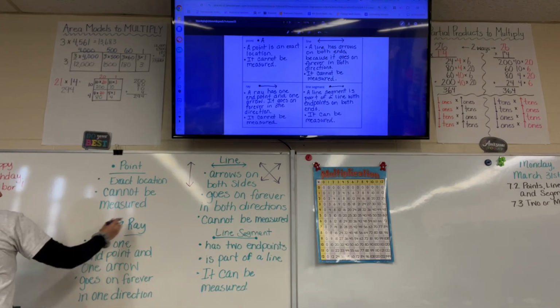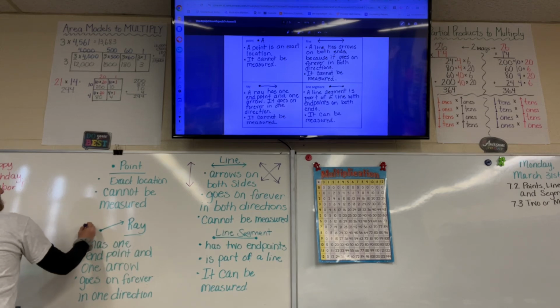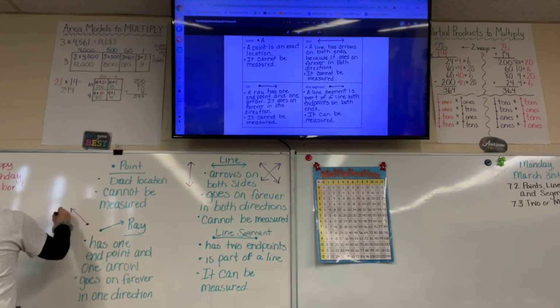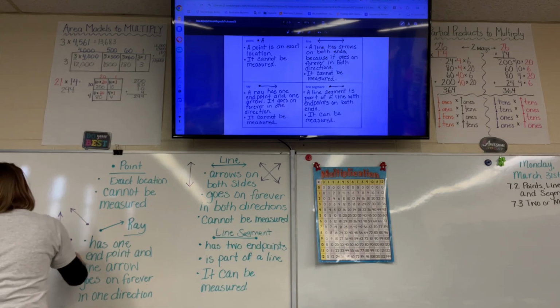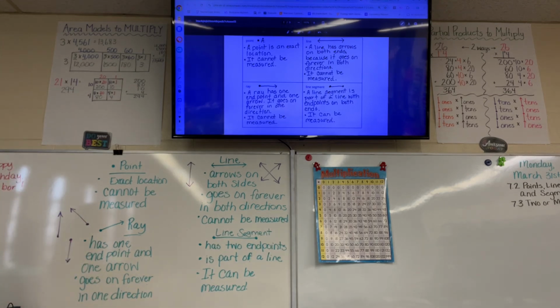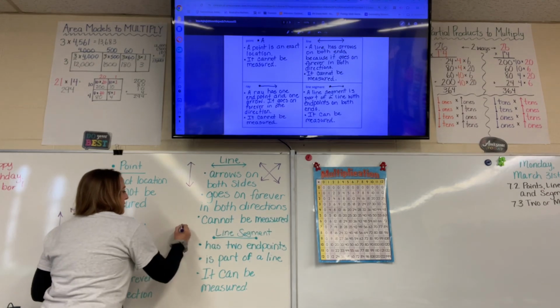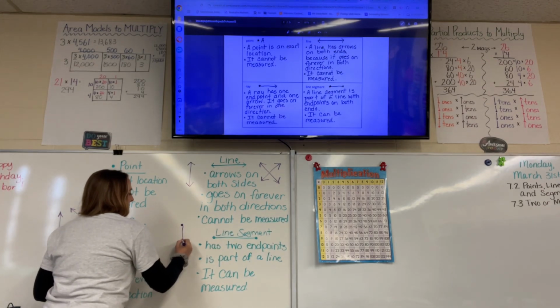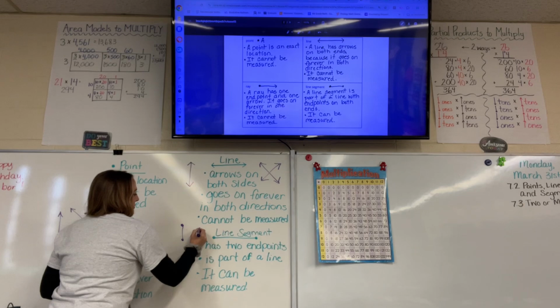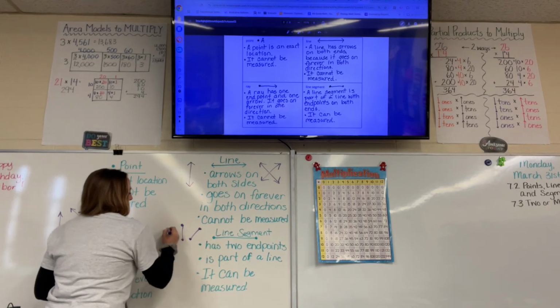It can point to the right, point to the left, it can point up, or it can point down. And then a line segment, same situation. It can be horizontal, it can be vertical, it can be diagonal.